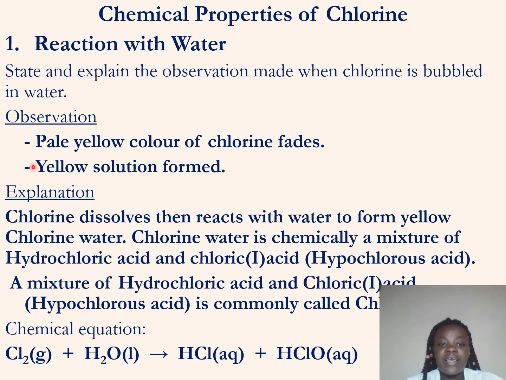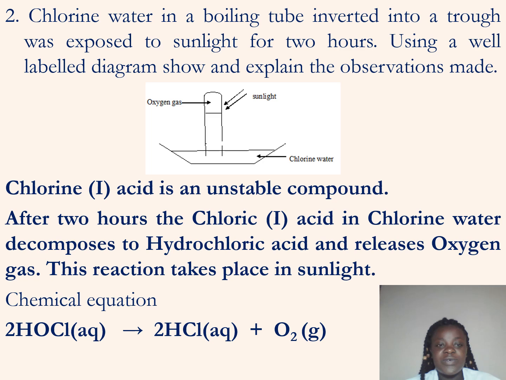So meaning the pale yellow color of chlorine will disappear because chlorine now will react with water to give us hydrochloric acid and hypochlorous acid. So this solution of chlorine water is what gives the yellow color. So the solution is yellow due to formation of chlorine water. Okay, that is the first question. Let us look at the second question on the same.